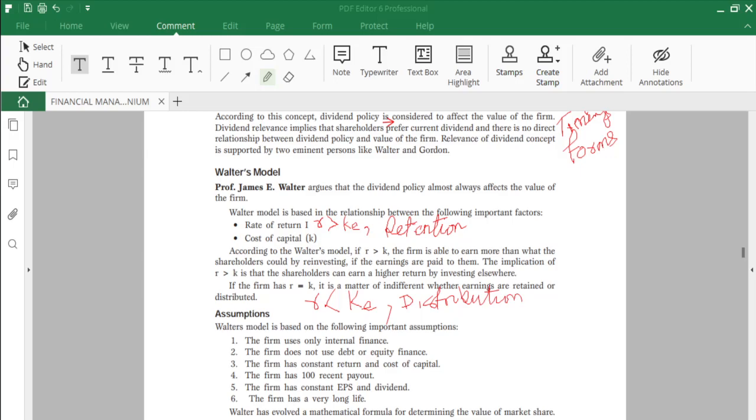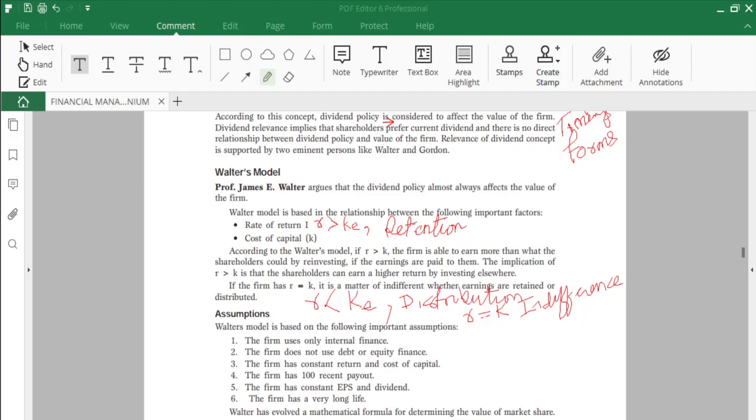In between the two, if R is equal to KE, it really doesn't matter whether you retain or you distribute. We say it is completely indifferent. The attitude is indifference. Whatever earnings you earn, you retain it or distribute it, it is not going to affect anything.